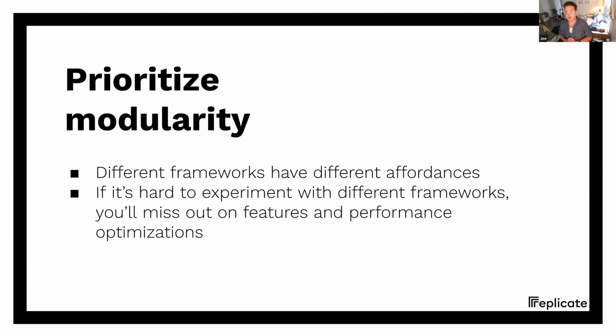Different frameworks have different affordances. I haven't told many horror stories, and I think so many of them fall into this category. Just recently, I was working on speculative decoding with TRT-LLM, which has been released since January. That's several months. TRT-LLM is in development. It's pretty well documented.